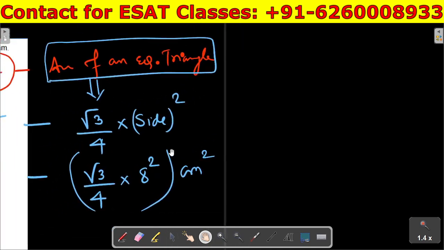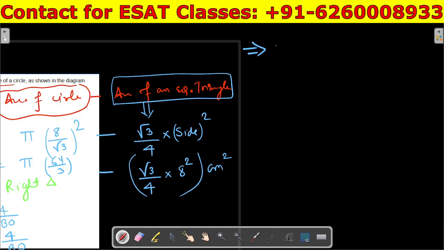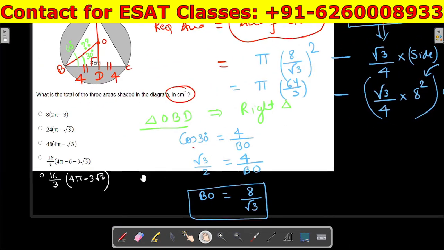So basically we have pi 64 upon 3, minus root 3 over 4 into 64, since 8 square is 64. So I can take 64 as a common. I get pi upon 3 minus root 3 over 4. Now I will try to match the options.